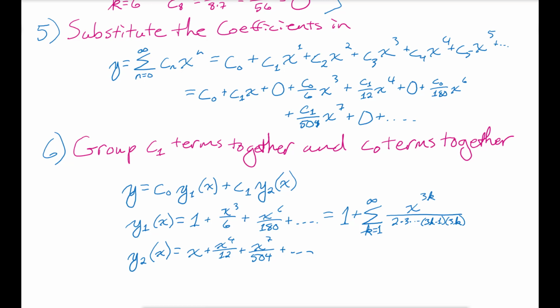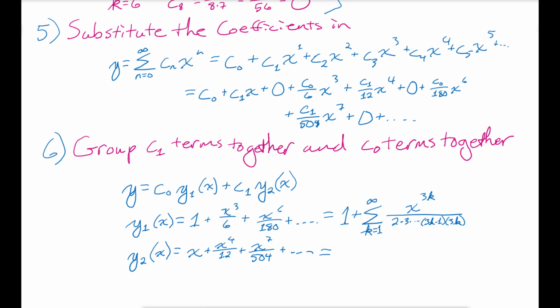So we can check that and make sure it works for our first term. Well, 3k minus 1 is going to be 2. 3k is going to be 3, so it'll just be 2 times 3. For our second term, 3k minus 1 will be 5, and 3k itself will be 6. So we'll have 2 times 3 times 4 times 5 times 6, which is 180. So that works.